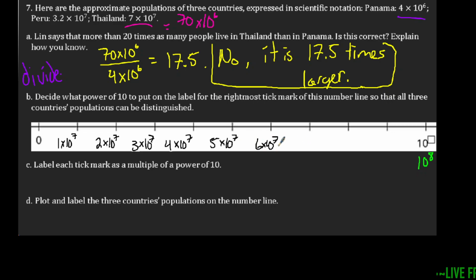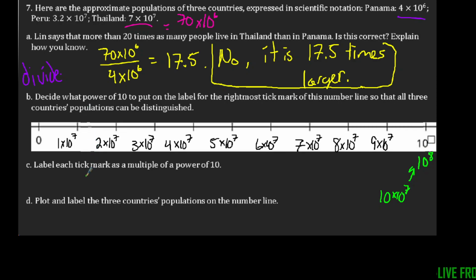Again, only increasing that front number because we don't have a zoomed in line, so we're not going to be increasing the decimal places. We're just increasing that front number attached to the 10 to the 7th power. So then we have 9 times 10 to the 7th power, and then the rightmost tick mark is going to be 10 times 10 to the 7th power, which is the same as 10 to the 8th power because you add those exponents.